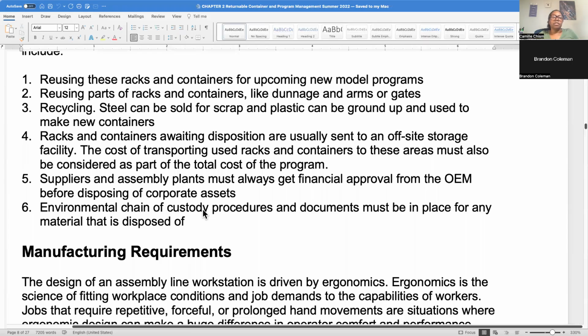However, the tier is responsible for making sure that the packaging doesn't get damaged, is clean, and doesn't get lost. So each tier supplier to an OEM or tier could be responsible for paying for replacement of lost containers.